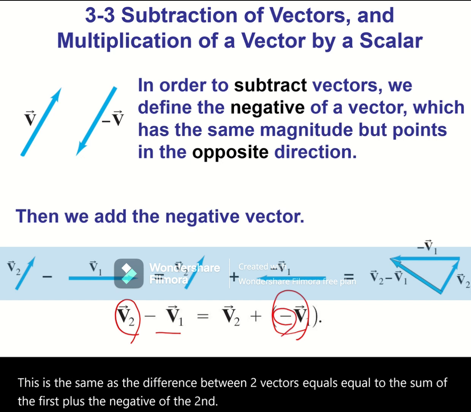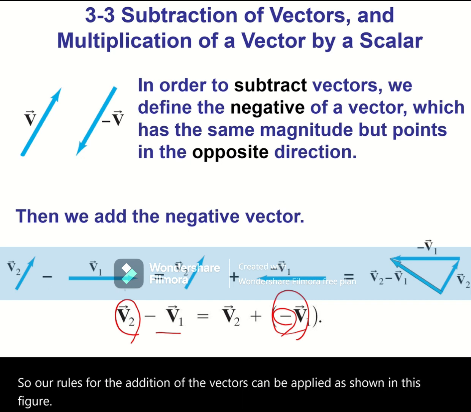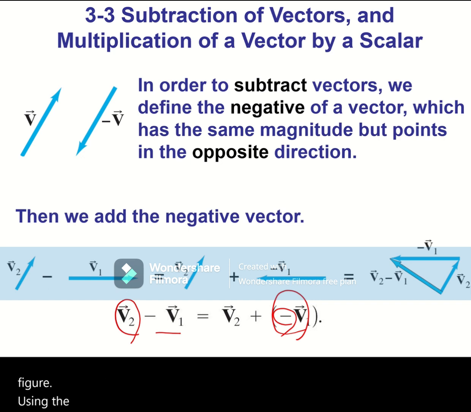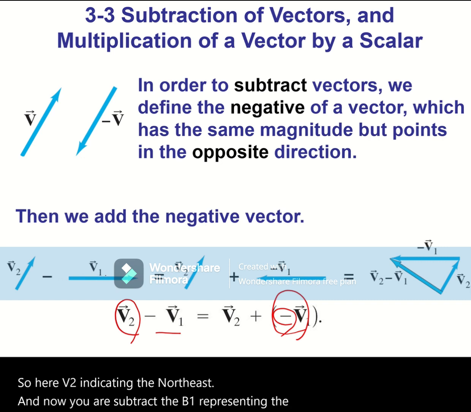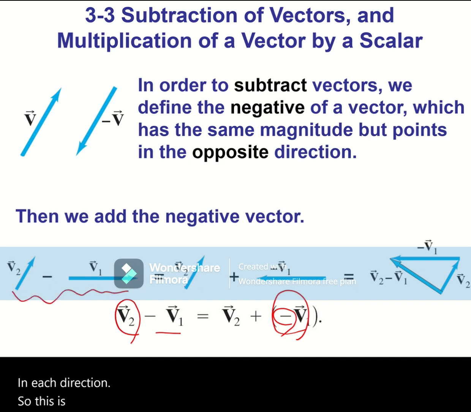So our rules for the addition of vectors can be applied as shown in this figure, using the tail to tip method. Here v2 indicates the northeast, and now you subtract v1, representing the vector in the east direction. This is just the same as v2 plus the negative v1 bar.